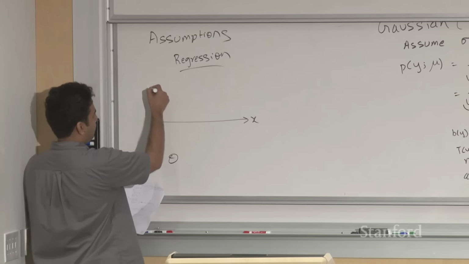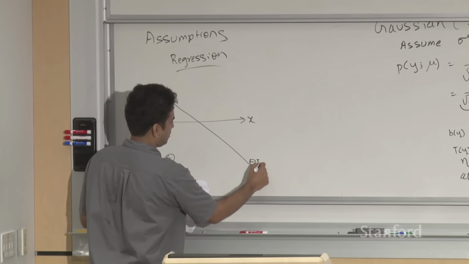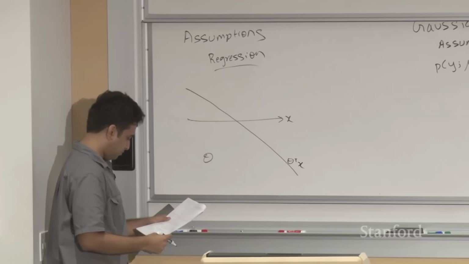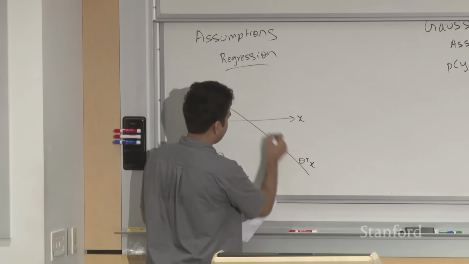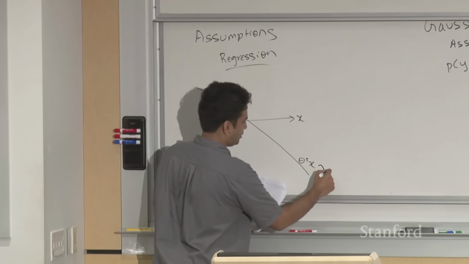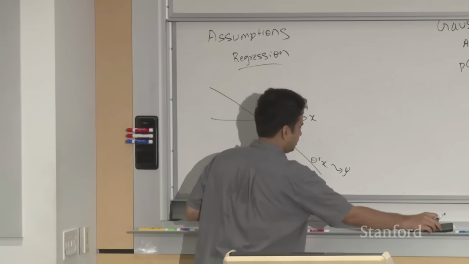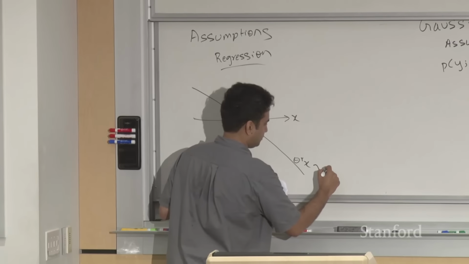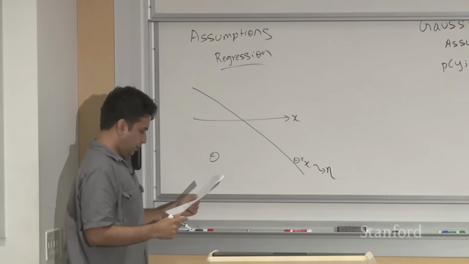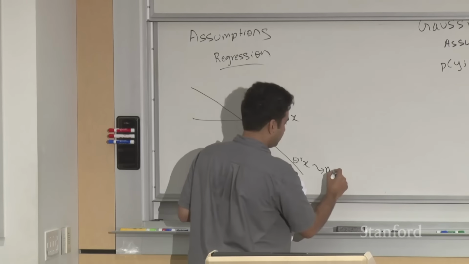And theta transpose x would be some linear hyperplane, and this we assume is eta. And in the case of regression, eta was also mu.